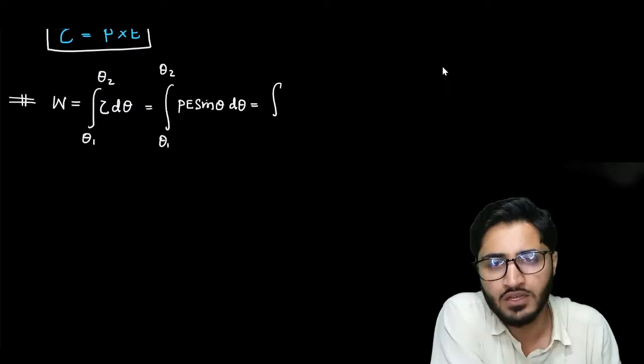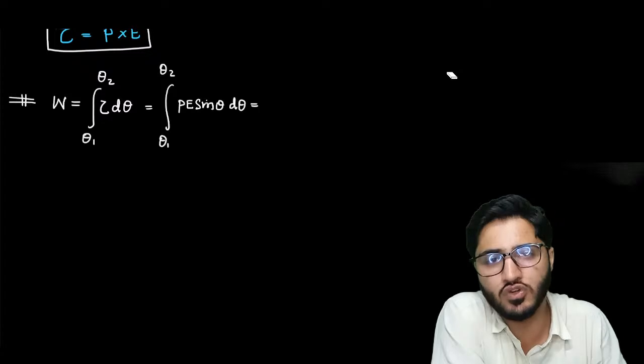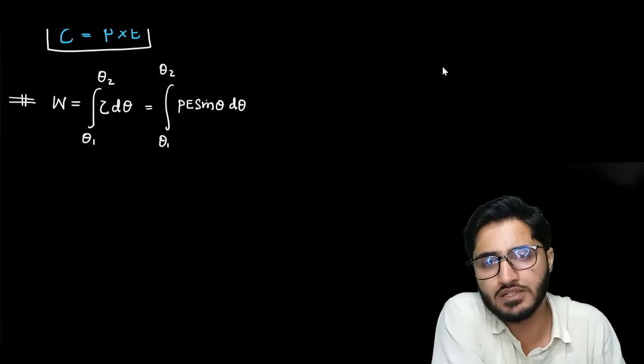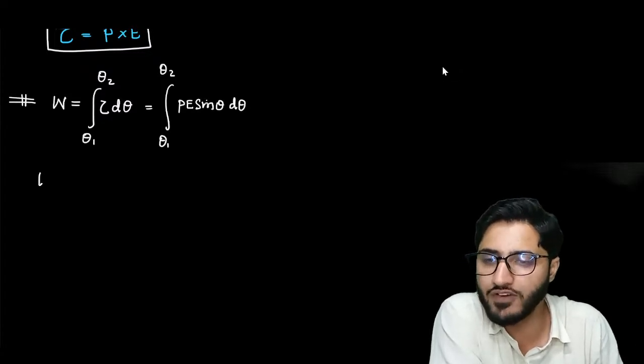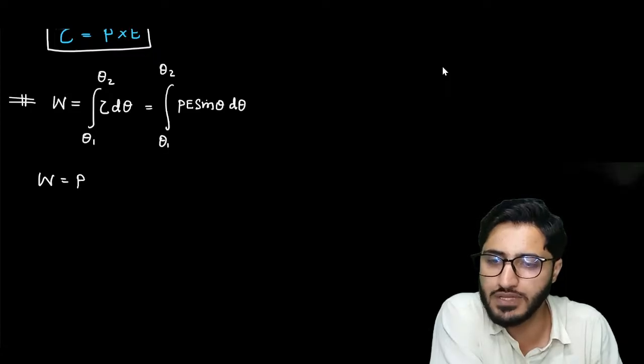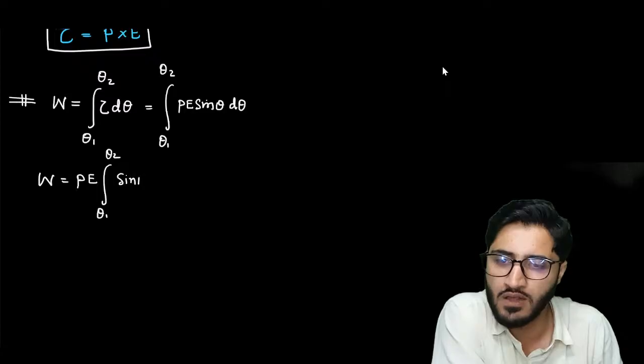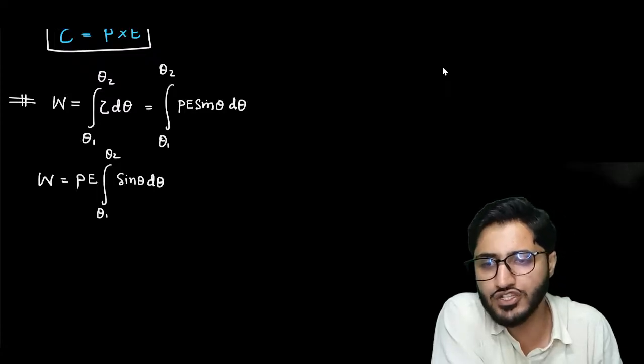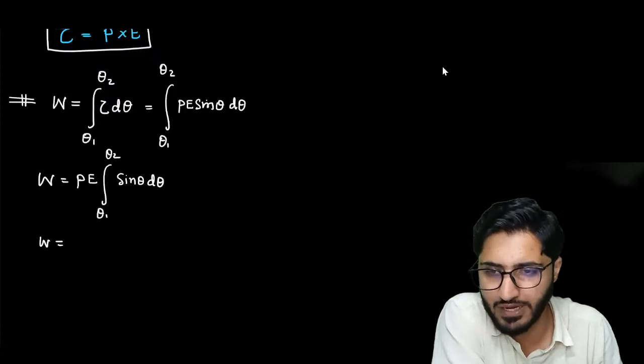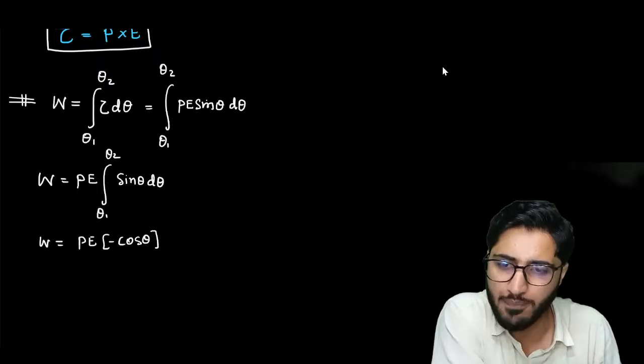Look now, P is constant and E is constant. So I have to integrate only sine theta. The integration of sine theta is minus cos theta, with upper limit theta 2 and lower limit theta 1.